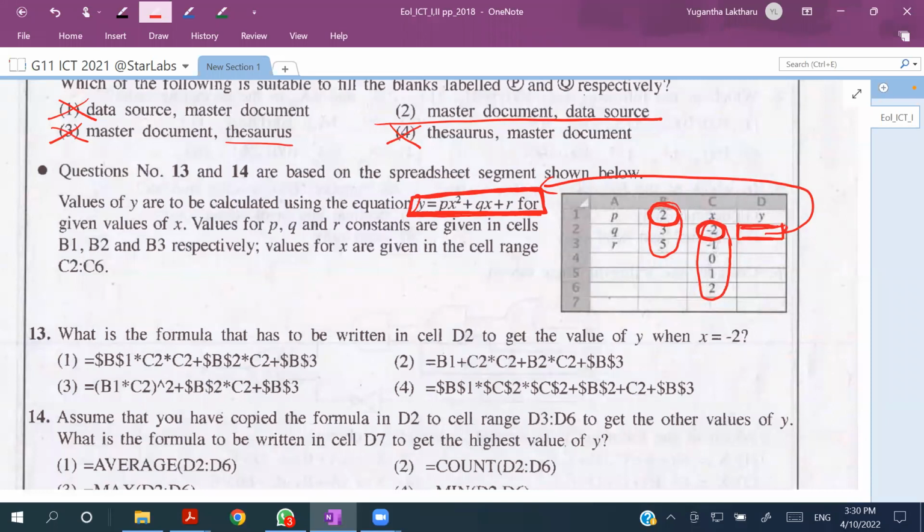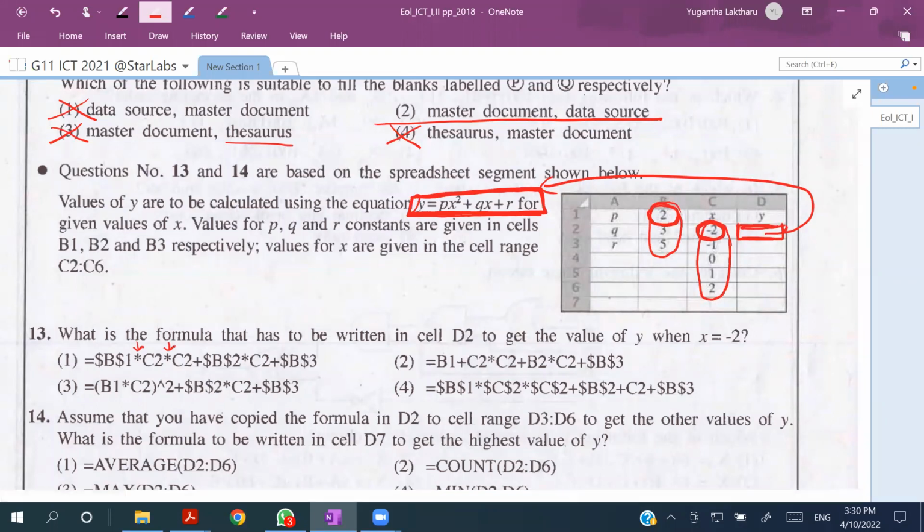So if we look into the equations, in the first one it says $B$1 multiplied into C2 multiplied into C2, which is correct, right?